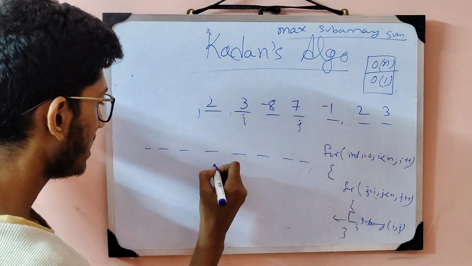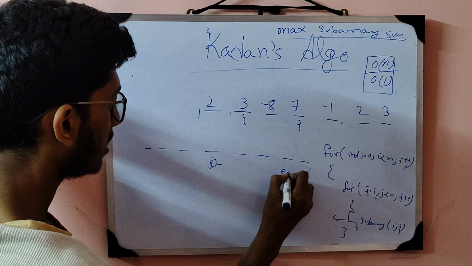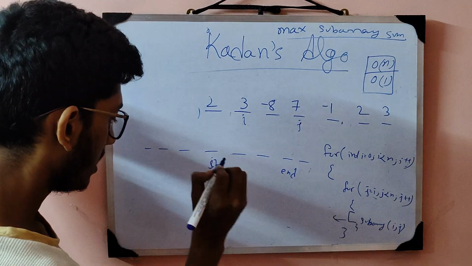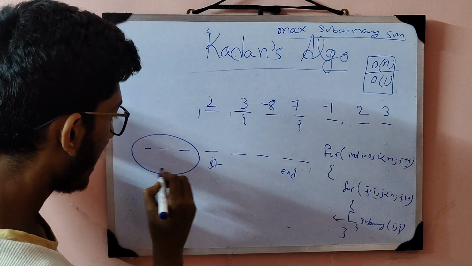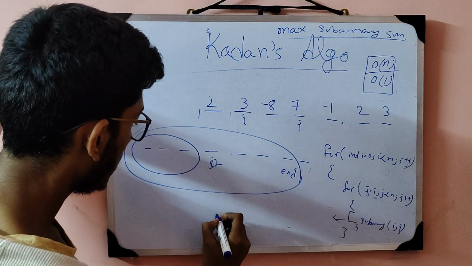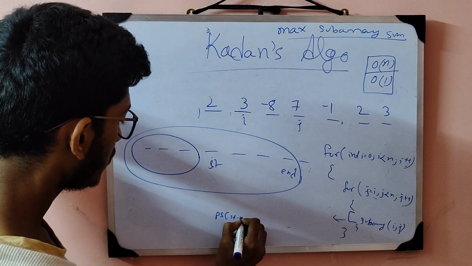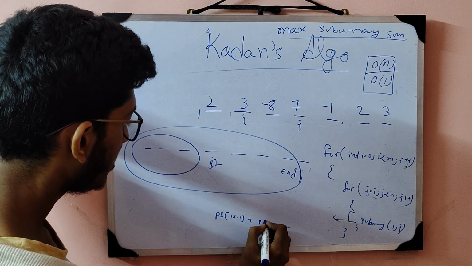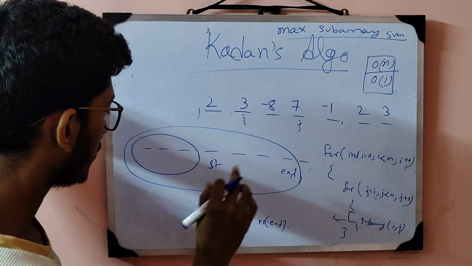Suppose this is our starting point and this is our ending point, and I need to calculate this part of the subarray. You get the prefix sum of this one and the prefix sum of this one, so the prefix sum of start minus 1 and the prefix sum of end, up till this one and up till this one.